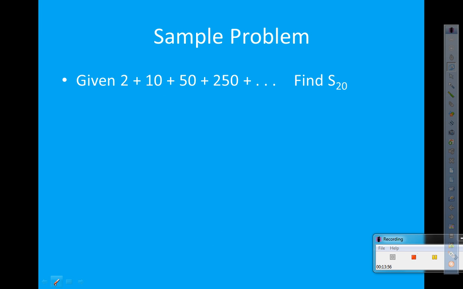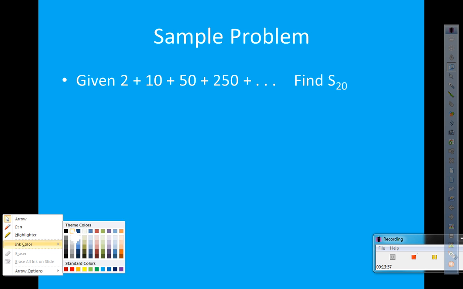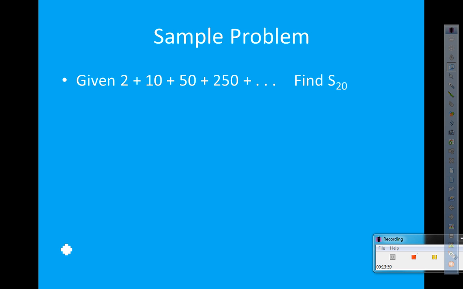So here's my next one. Given 2 plus 10 plus 50 plus 250 on down the road, I would like to sum up the first 20 terms. It's geometric because I'm timesing by 5. If you didn't see that, R equals 10 divided by 2, which is 5.